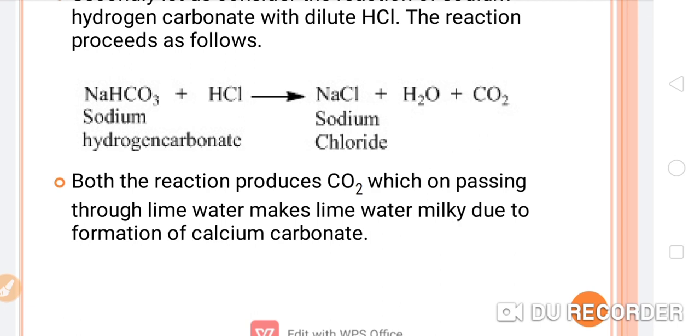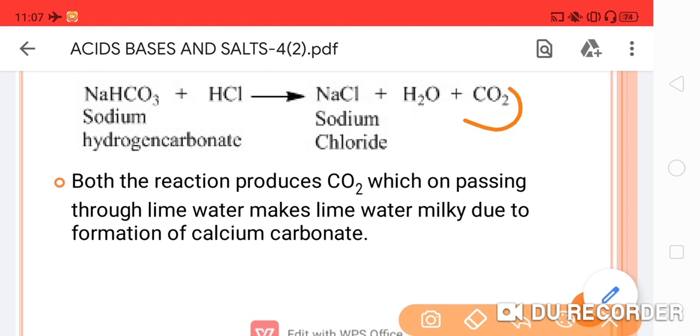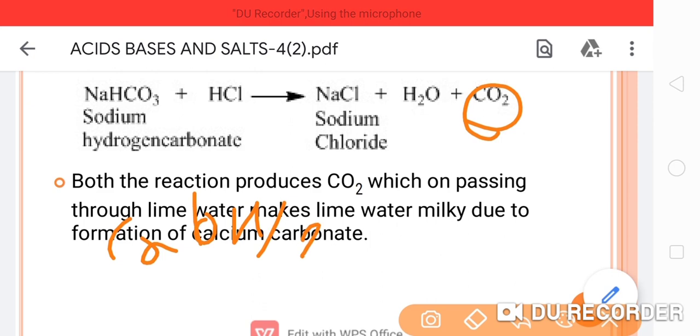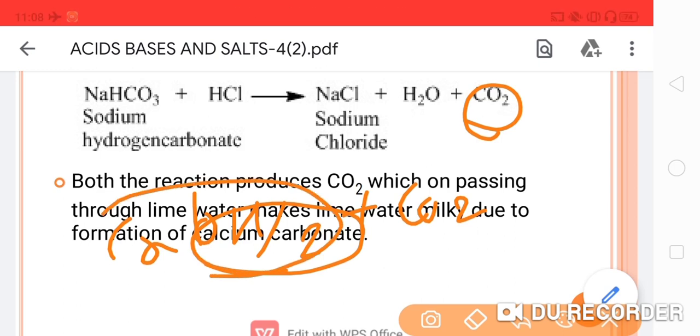But when you pass this carbon dioxide gas, which is forming during the chemical reaction of acids with metal carbonate, the calcium hydroxide reacts with carbon dioxide gas and converts into calcium carbonate, and the calcium hydroxide solution will turn milky.